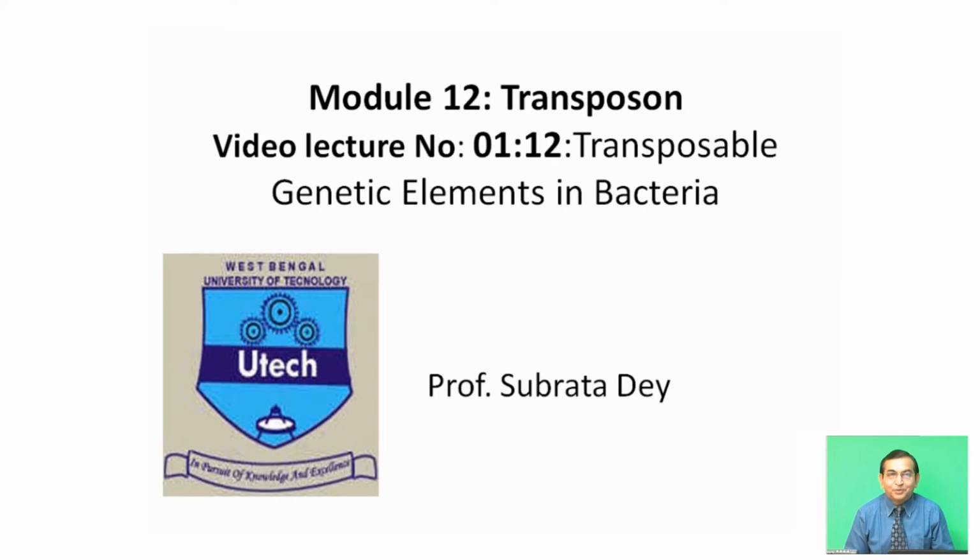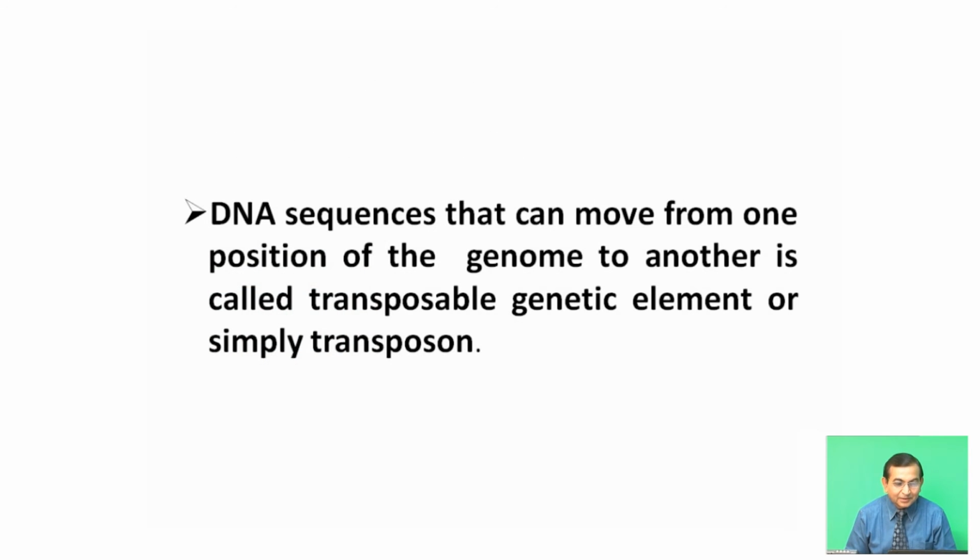In this module, I will discuss transposable genetic elements in bacteria. DNA sequences that can move from one position of the genome to another are called transposable genetic elements, or simply transposons.